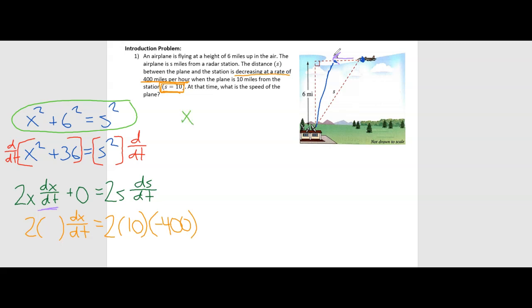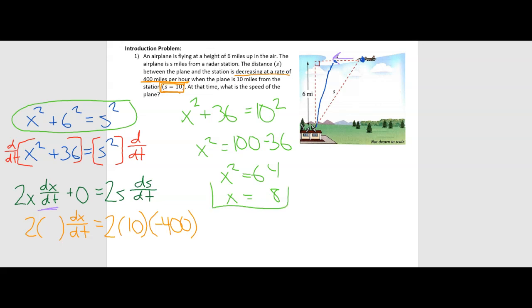So I'm going to get x squared plus 36 is equal to 10 squared. I get x squared is equal to 100 minus 36. I get x squared is equal to 64. I get x is equal to plus or minus 8. However, we don't need the negative value, right, because we're talking about a distance. So we're just left with positive 8. So x is equal to 8.